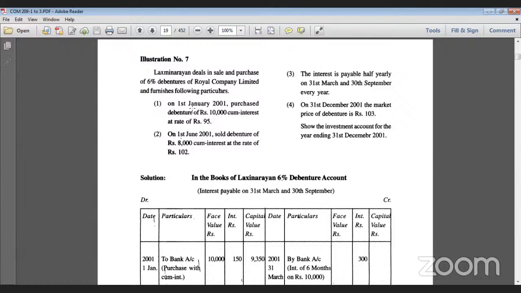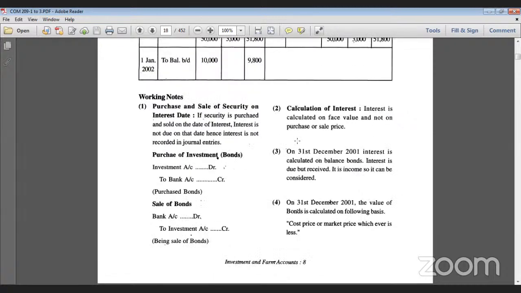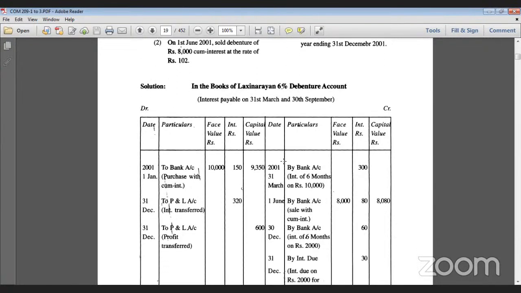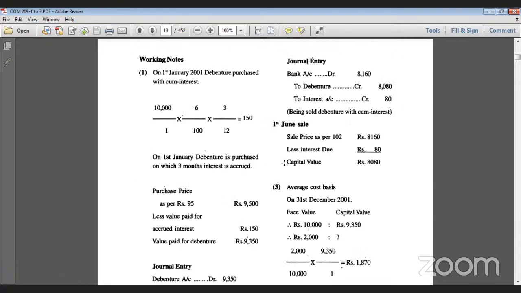In the books of Lakshmikant, we prepare this 6% debenture account. The solution is given below. To bank, when we start purchasing with cum-interest, at that time the amount will be 10,000, and the 150 will be the interest calculated in cum-interest format.